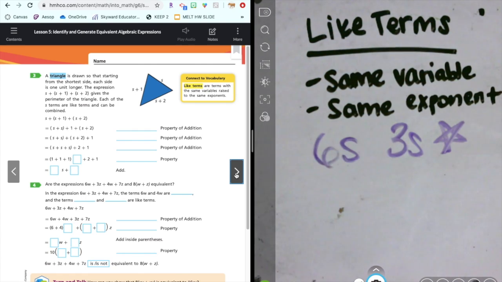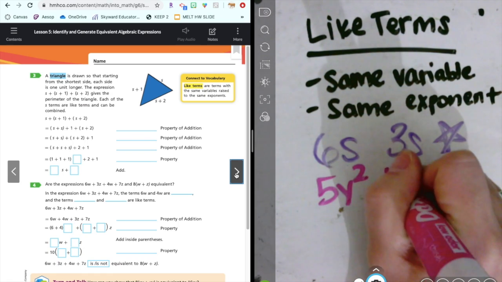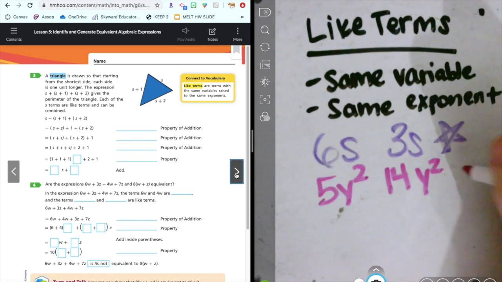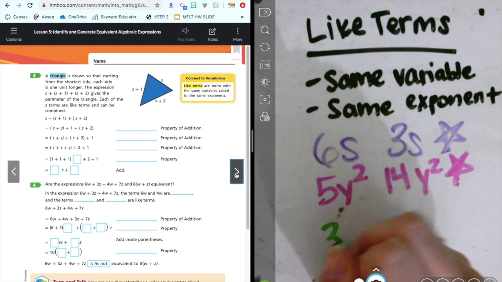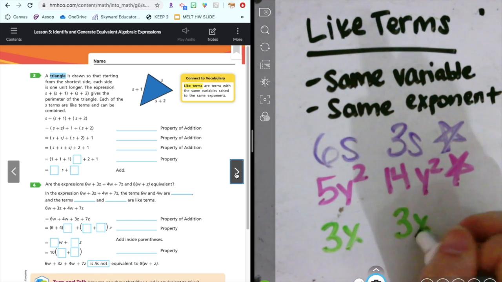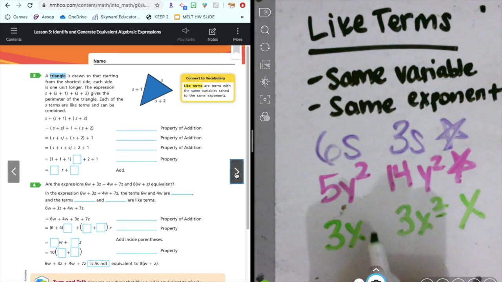Okay. 5y squared and 14y squared are like terms. They're both y squared. 3x and 3x squared are not like terms because this one has the x squared and this one does not. So they have to be the exact same variable, exact same exponent.